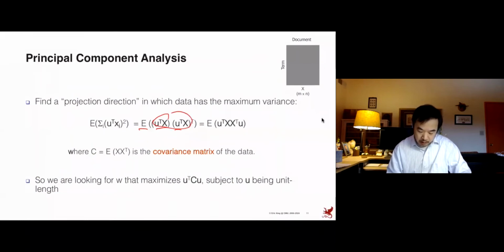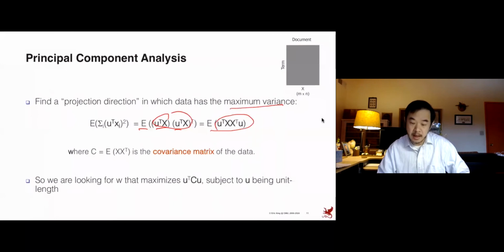Okay, so now we get down to another problem where we can maximize the variance computed in this way. So mu transpose times X times X transpose times mu is actually the entire variance that you can compute from the data. By the way, this X is the data matrix. It's a matrix of all the vectors, each of them corresponding to a document.